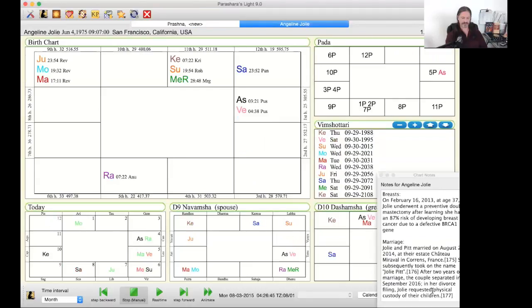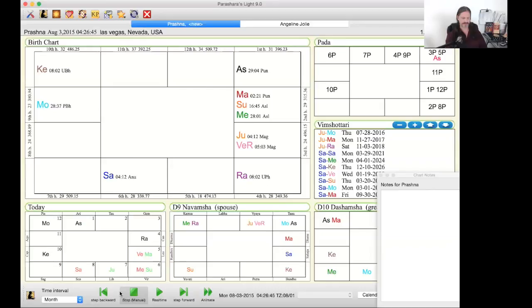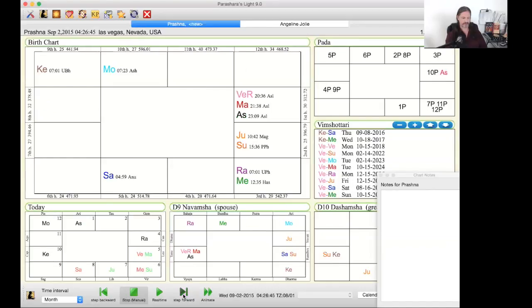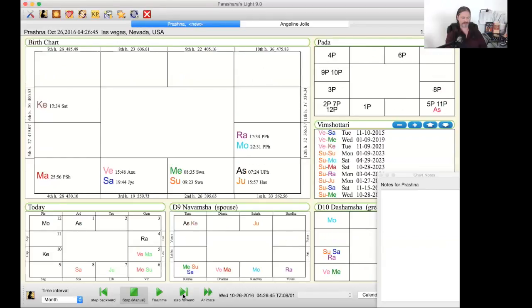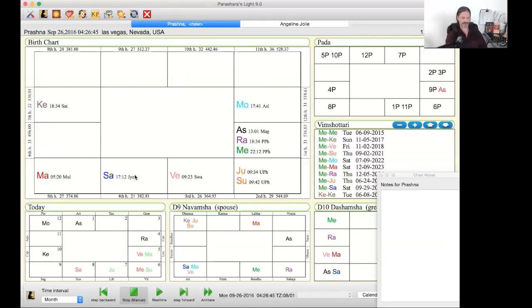As we see, it was separated September 2016. So let's go to September 2016. Forward, September 2016. Again, so it's still going to be going over the pada. Here's September 2016. Saturn is right in the middle of Scorpio.